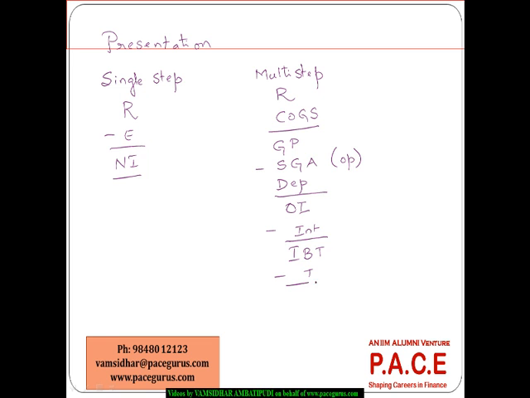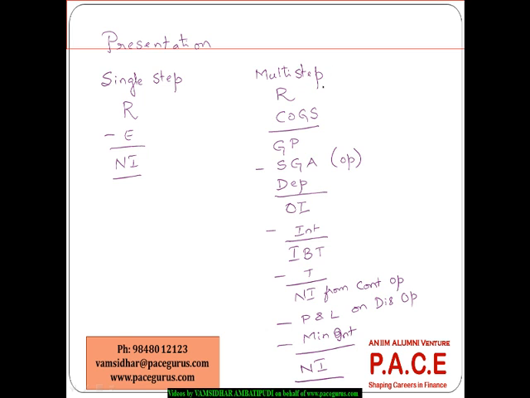Then the tax part is subtracted to typically come out with net income, or income from continuing operations. Then whatever the profit or loss on discontinued operations, and even the minority interest, if at all there is any, would be subtracted to typically arrive at the final net income.